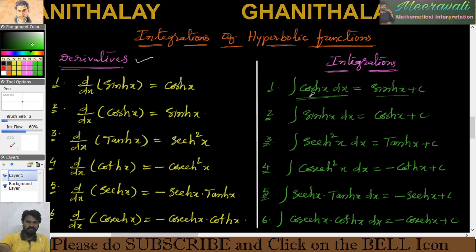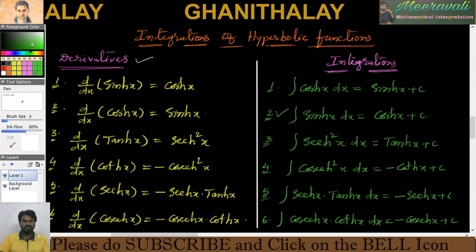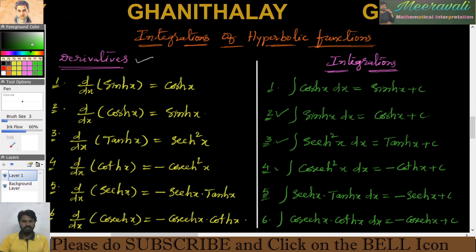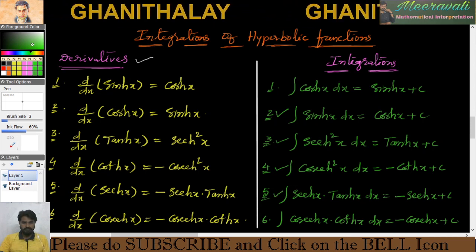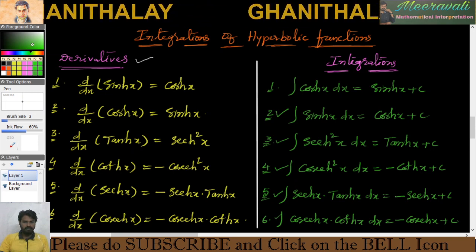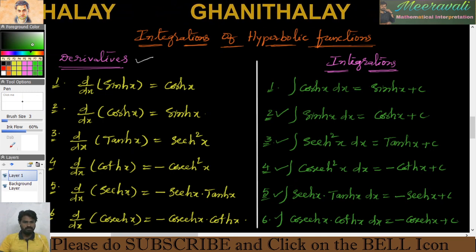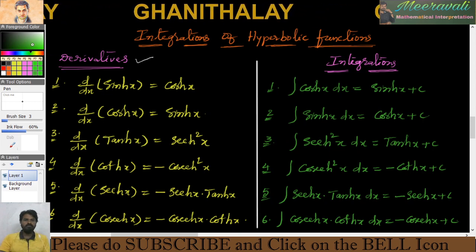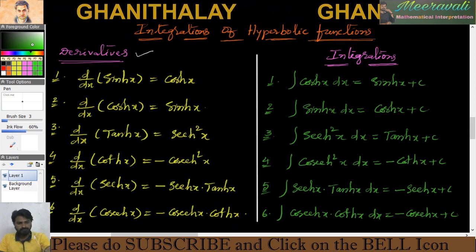In the same way, the second formula: integral sin hx is cos hx, integral secant h square x is tan hx, integral cosecant h square x is minus cot hx, integral secant hx into tan hx is minus secant hx, integral cosecant hx into cot hx is minus cosecant hx. This is the pronunciation of the integration of the hyperbolic functions. Let's start one more set of formulas.